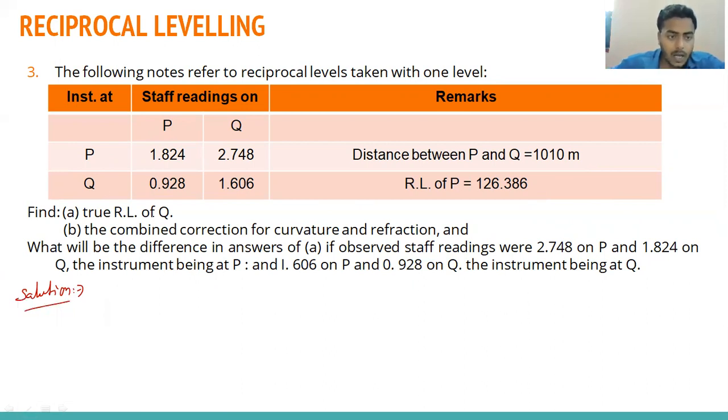Find the true RL of Q. The combined correction for the curvature and refraction, that is C. What is C? C is equal to 6/7.